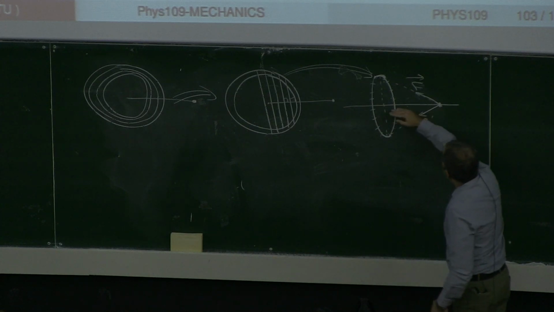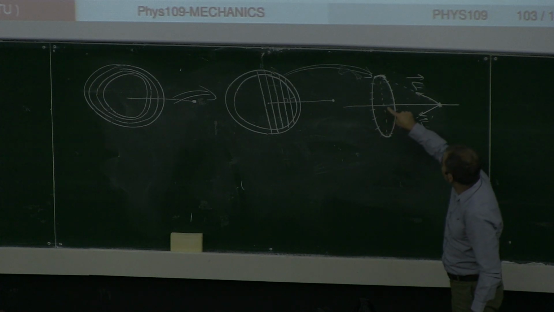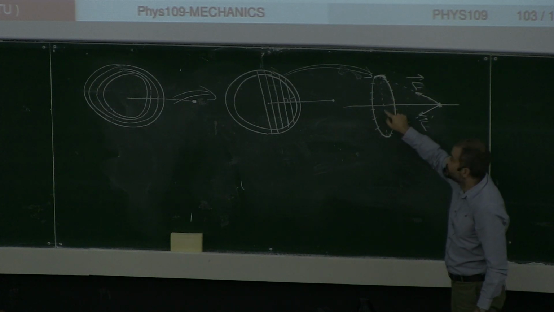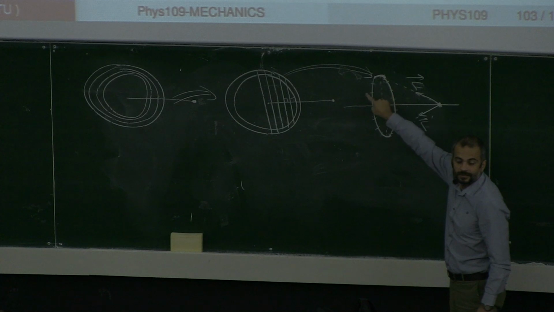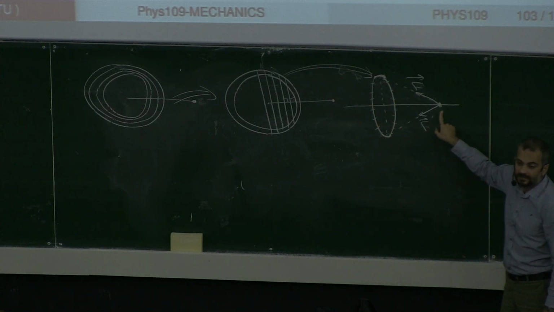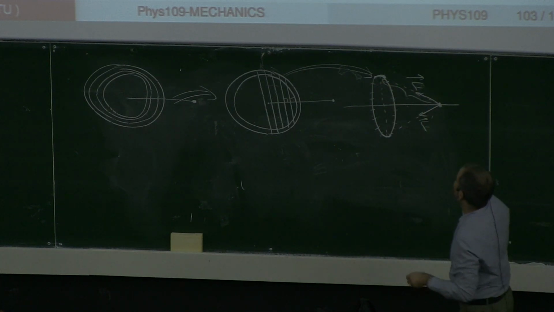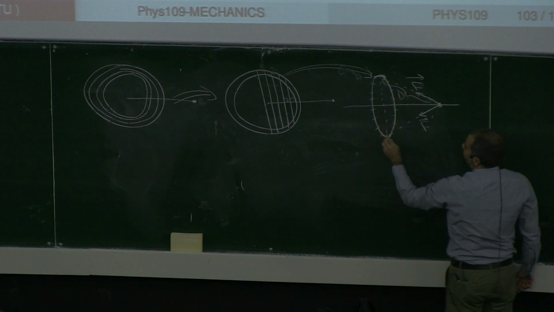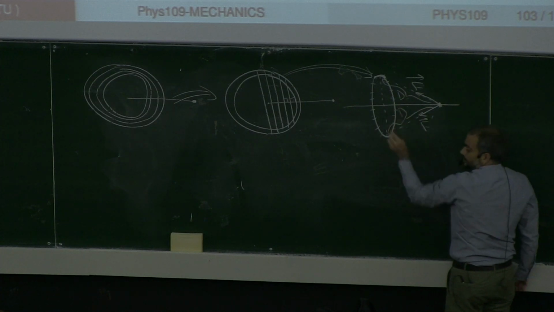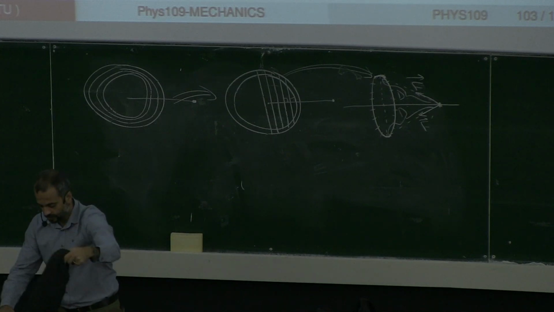Since I'm on a line which goes through the center of the ring and perpendicular to the plane, the distance of any point on the ring from my mass is the same. So if this distance here is d, then this distance is also d.